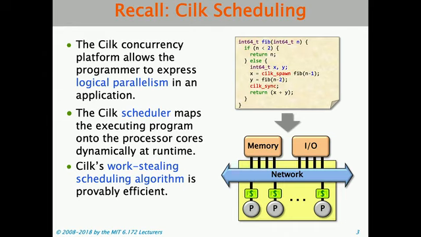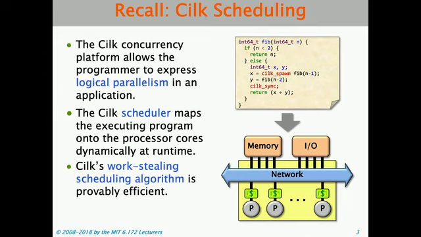So after you've denoted logical parallelism in the program using Cilk spawn, Cilk sync, and Cilk for, the Cilk scheduler maps that computation onto the processors, and it does so dynamically at runtime based on whatever processing resources happen to be available. And Cilk uses a randomized work stealing scheduler, which guarantees that that mapping is efficient and the execution runs efficiently.